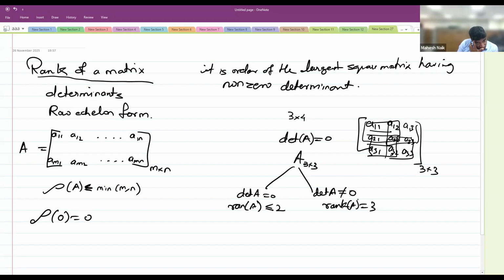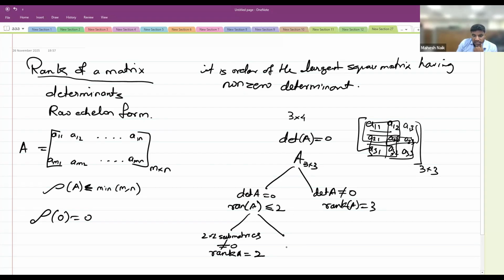And if all the submatrices, so I'm talking about 2x2 submatrices, have non-zero determinant, then we can conclude that the rank will be equal to 2.